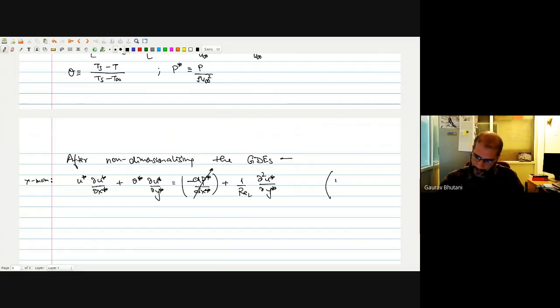Where this Reynolds number is defined as u infinity times L. So Re with the subscript L. That means the length scale is the length of the plate here, divided by the kinematic viscosity.